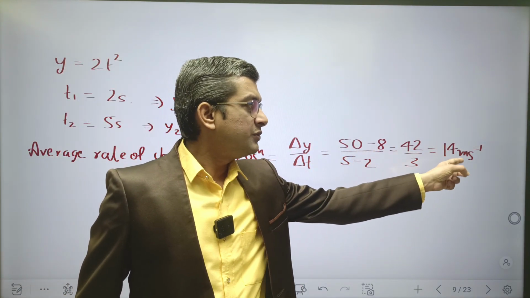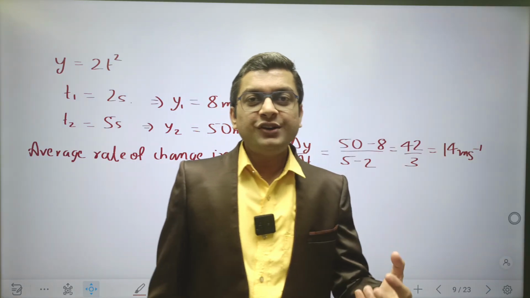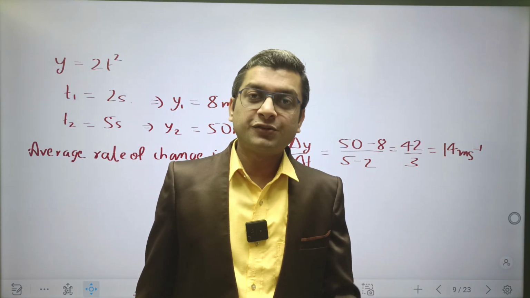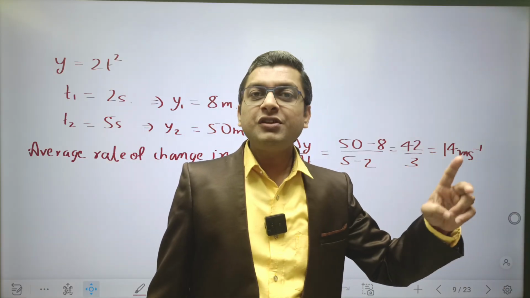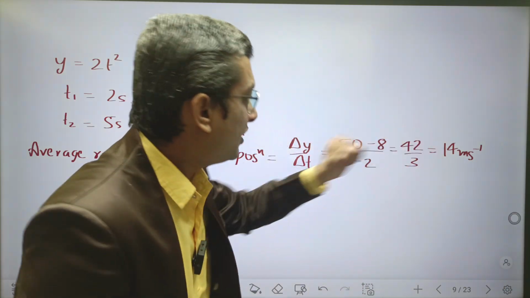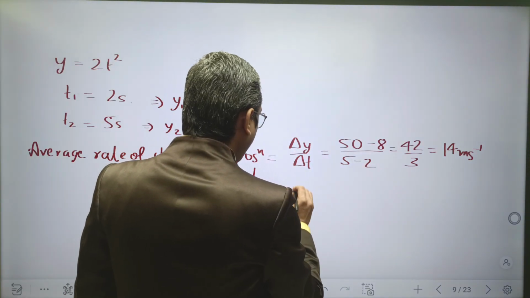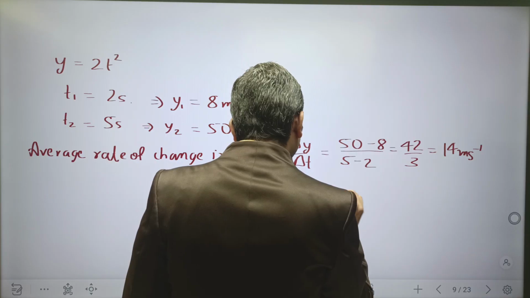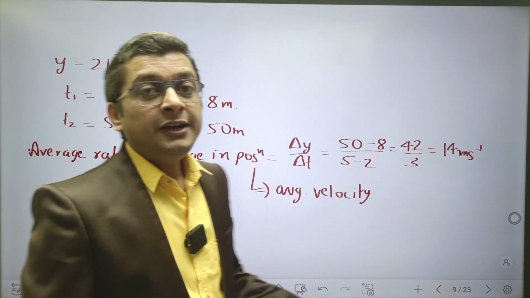So this is 14 meter per second. And meter per second, what quantity is it representing? That is velocity. How much distance it is covering per second. It is average rate of change in position, and this is nothing but velocity. So average rate of change in position is average velocity, dear students. This is the physical interpretation of slope.